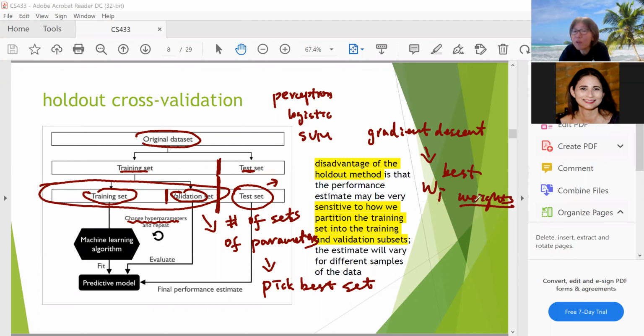Weights are basically also some kind of parameter, so your model training also needs to pick the best weights. So here, the idea is that in this part you pick the best set of hyperparameters.